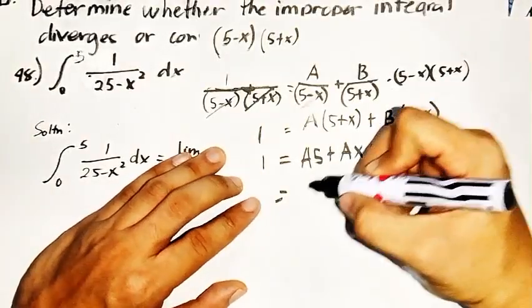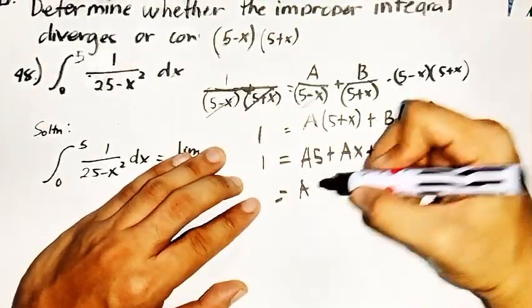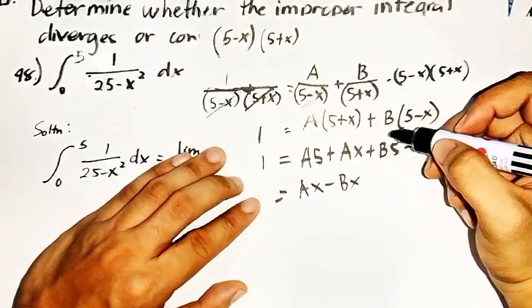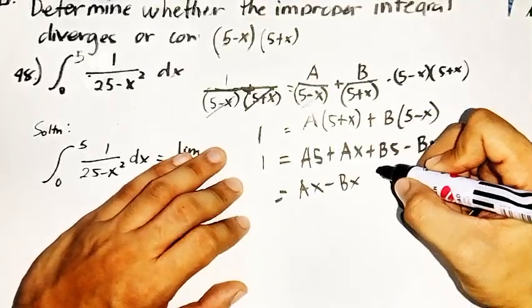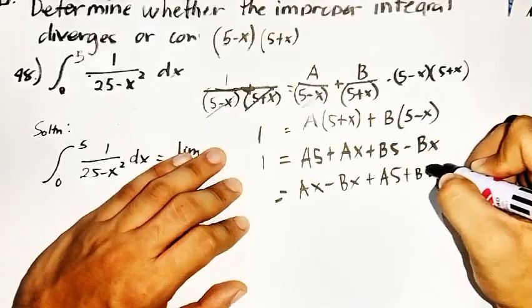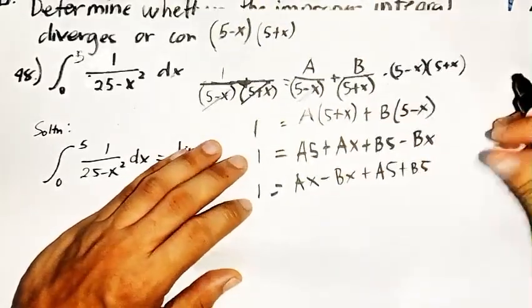Let's group the ax minus bx, plus a5 plus b5 equals 1.